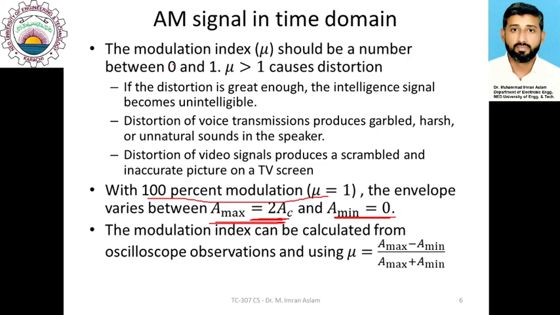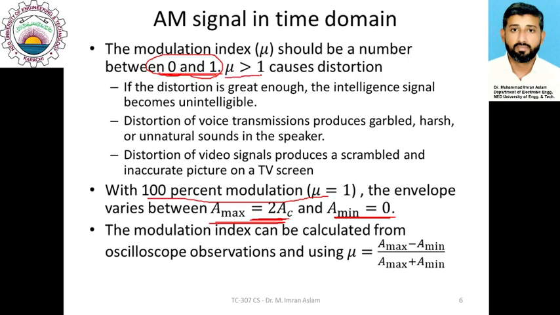So practically the modulation index should be kept between 0 and 1. Most practical cases are designed to have this property. We typically keep mu slightly less than 1.